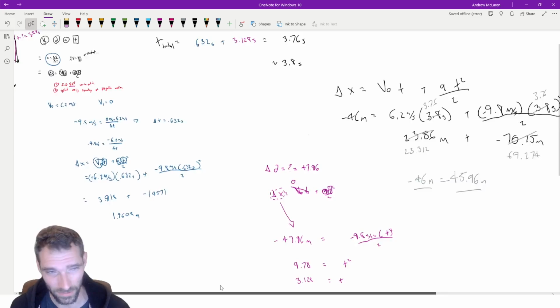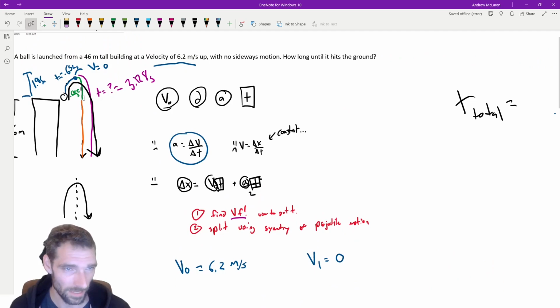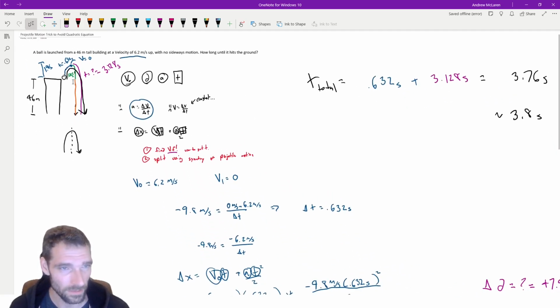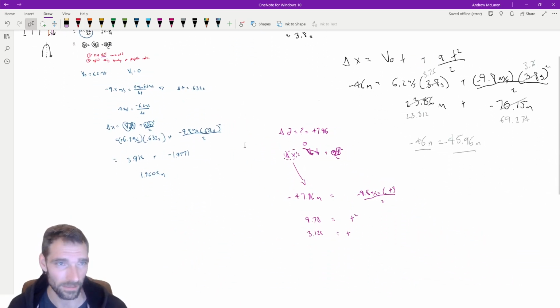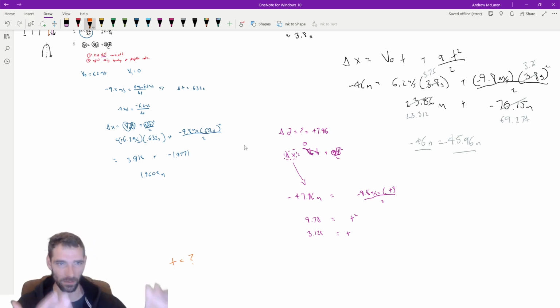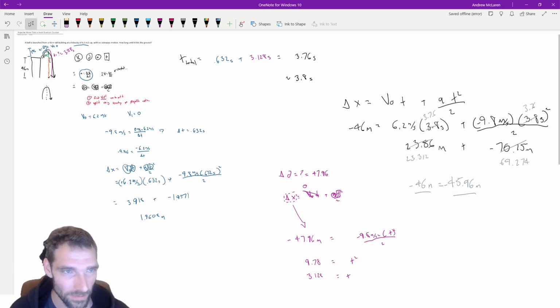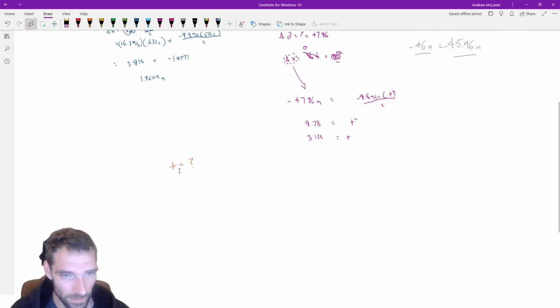It's also interesting to note that it took definitely more than the 1.2 seconds for this just to go up and down. And then we've got this 3 seconds for it to go the whole way. If you wanted to, you could also do another calculation. I'm going to leave this to you as a way to double check this, but you could find out what is the time for this thing to fall down all the way to that orange segment, and that should be something that you can do, kind of like what we did with the purple here, knowing now though that there's a negative 6.2 meters per second.